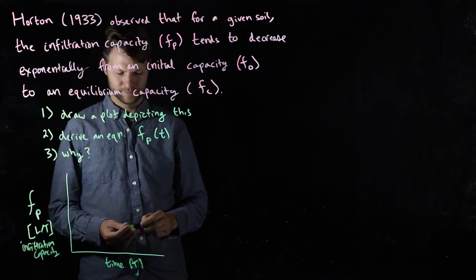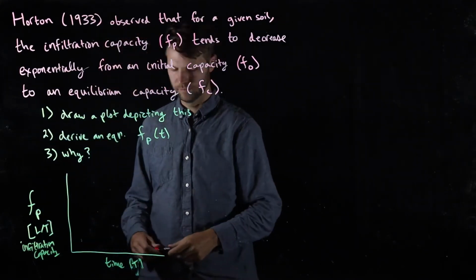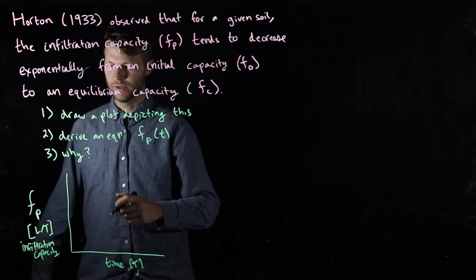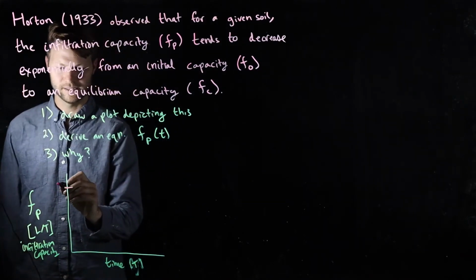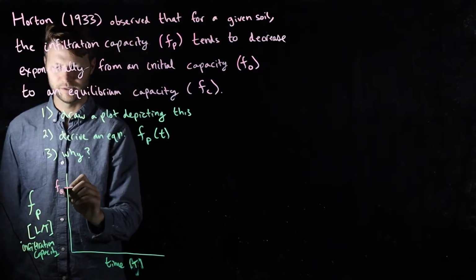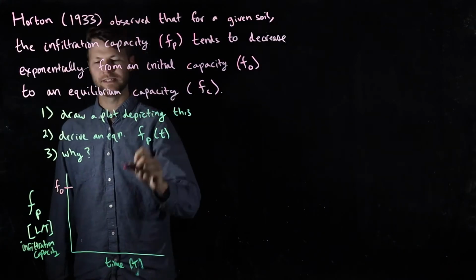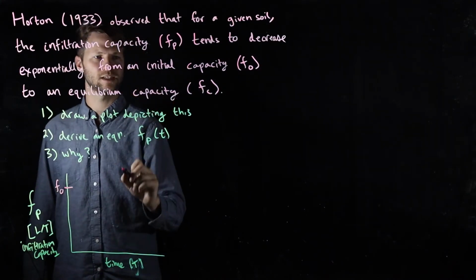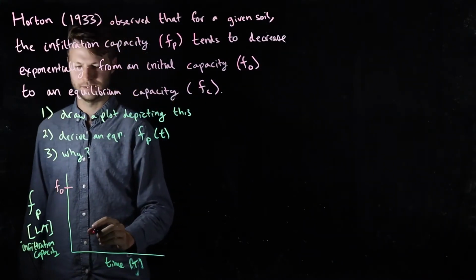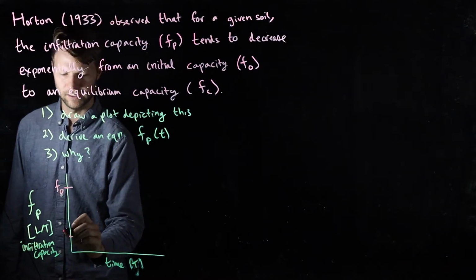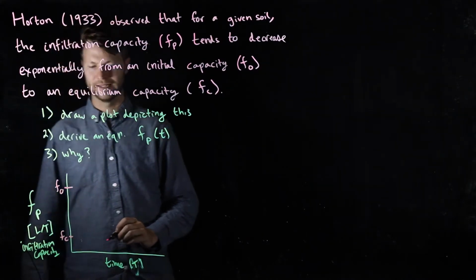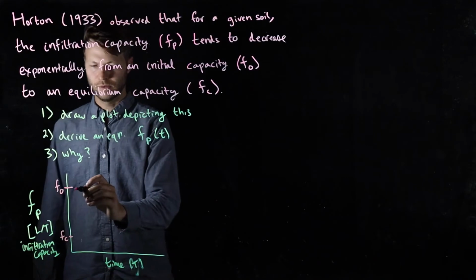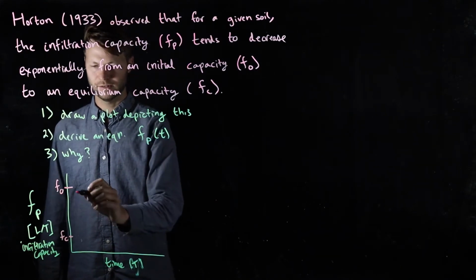All right. What do we know? Well, we know that it's going to start at some rate F sub 0, and then it says it will decrease exponentially to some equilibrium capacity F sub c. So here is the equilibrium capacity. What does a decreasing exponential function look like?